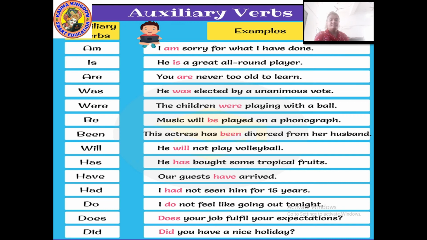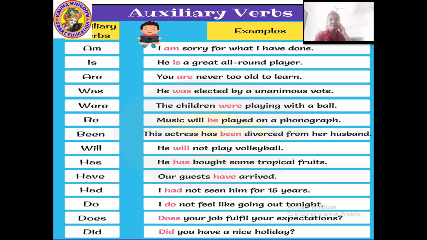Has. He has bought some tropical fruits. Has. The auxiliary verb is has. Okay? And it is showing that the sentence is in the present perfect tense, with the past participle form of the verb. Have. Our guests have arrived.